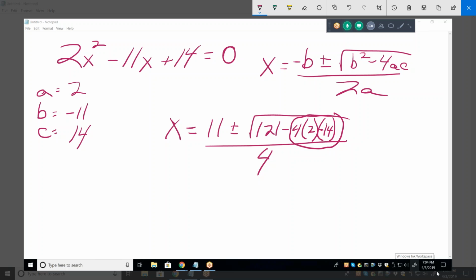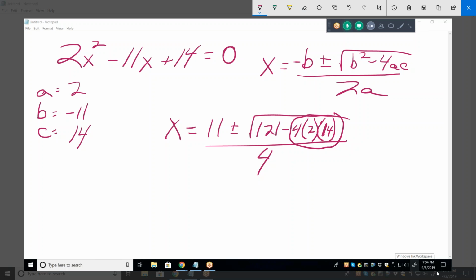For one thing, the first negative sign is subtraction. The second one would be a negative sign. So what I do myself whenever I'm doing these is I always figure out what the 4AC part of it is, and then I subtract that from 121.